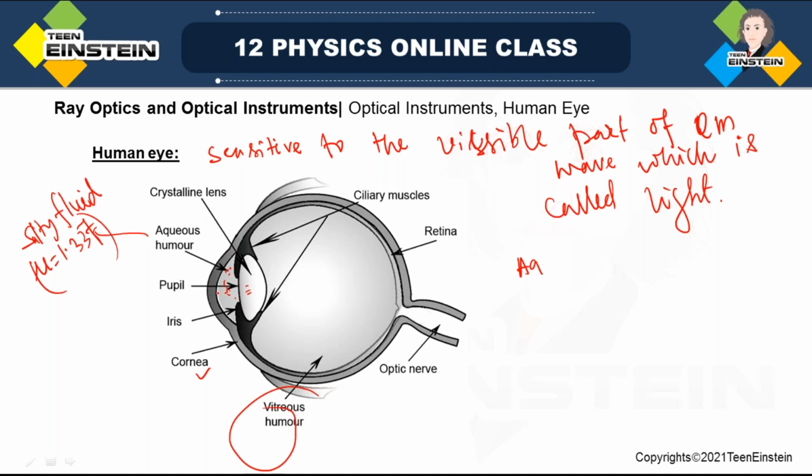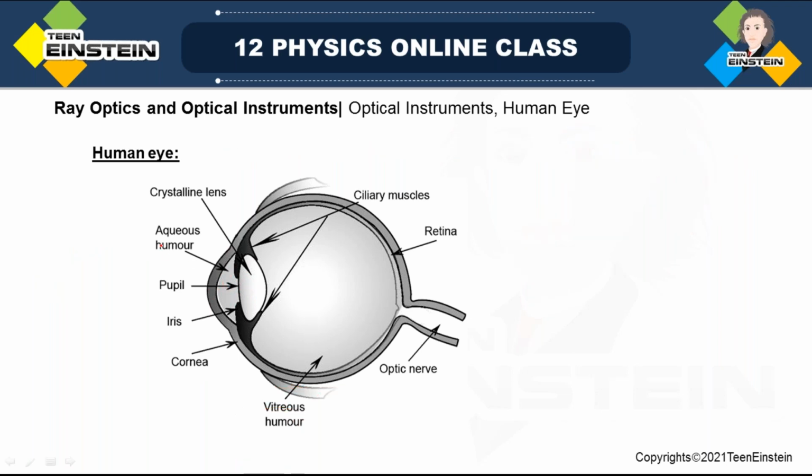Now we have something called the iris and pupil. Let us see what they are. Look here, the iris is a circular diaphragm. You can see it is this one.